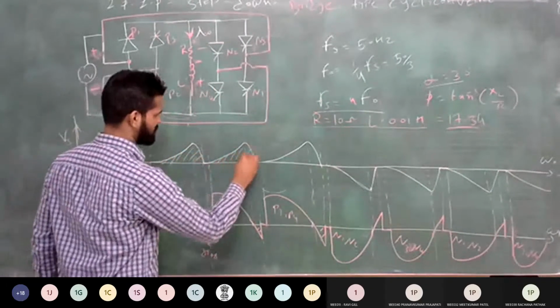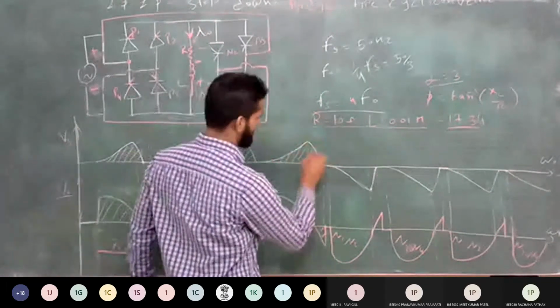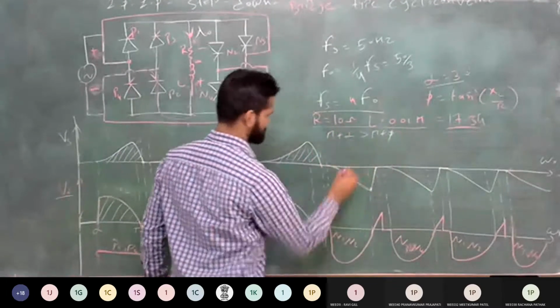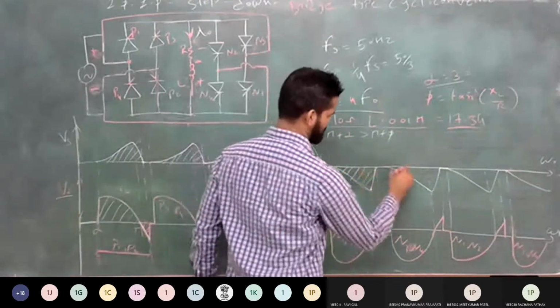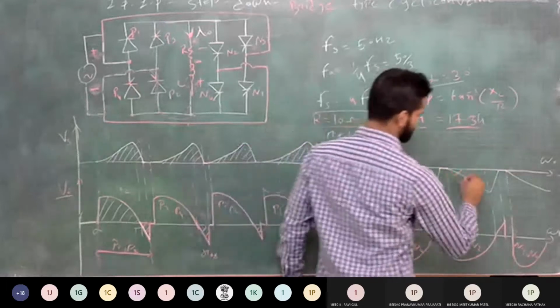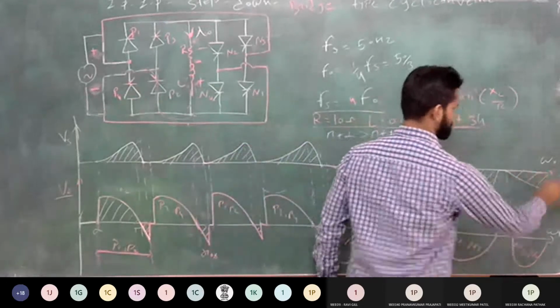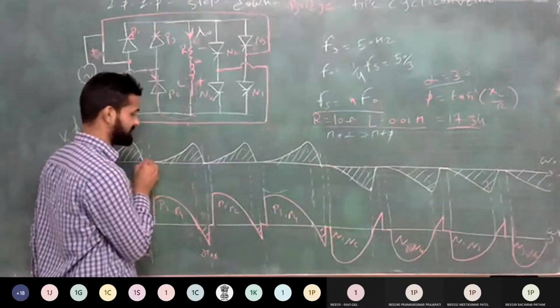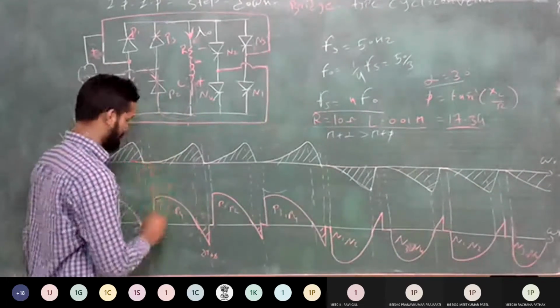This is for the inductive nature of load, when pi plus alpha is greater than pi plus phi. If you observe this waveform of load current, your load current becomes 0 for a certain period of time, here between pi plus phi and pi plus alpha.